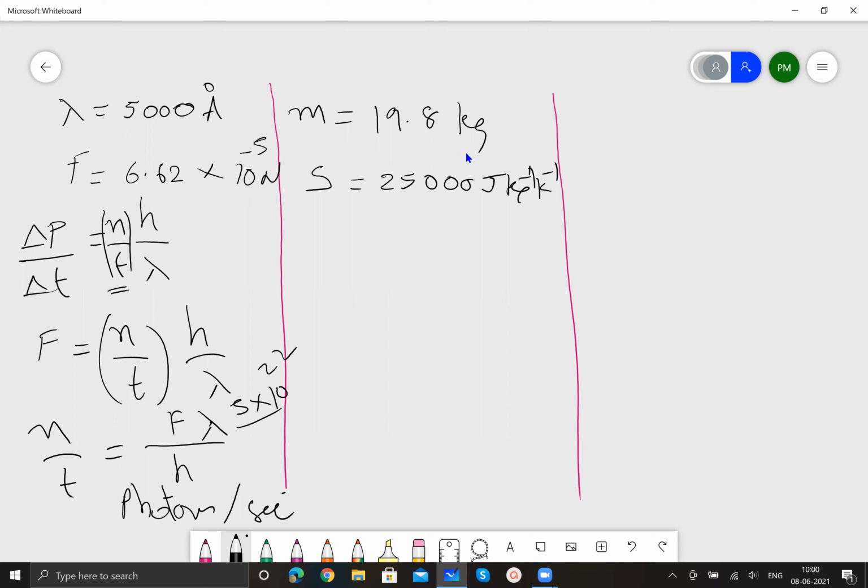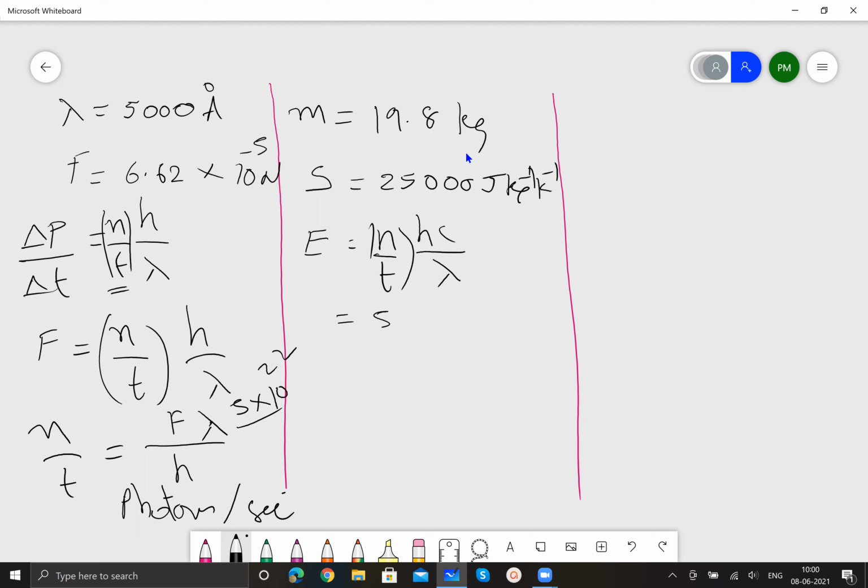Now, what is the energy equivalent? Energy equivalent is equal to mc squared, that is hc by lambda. Lambda is there, na? So it is n by t into hc by lambda.